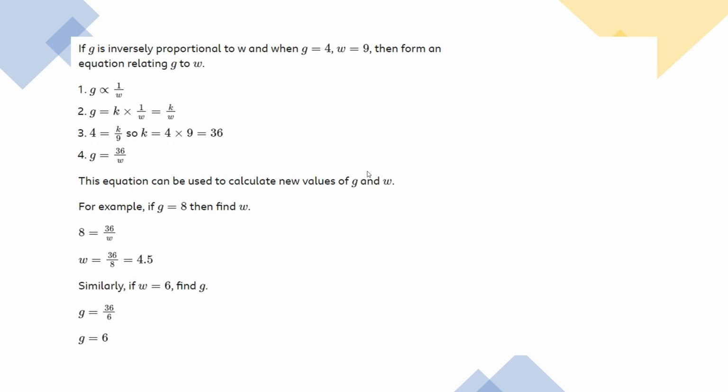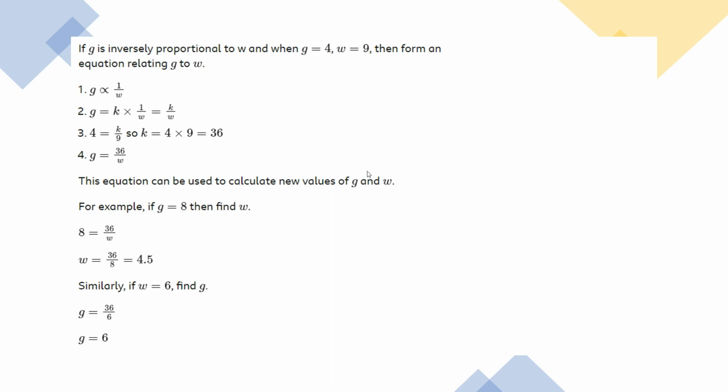Now simply what you need to do is replace G as 4 and W as 9 to find the value of K. So if you pause it and calculate, you will get the value of K as 36.